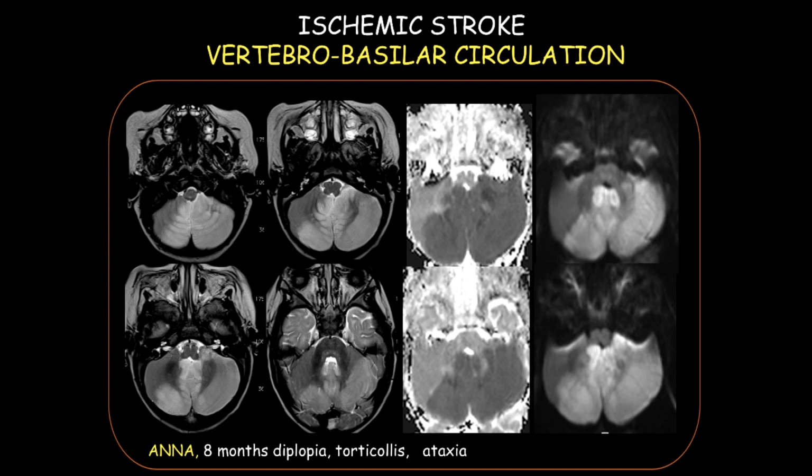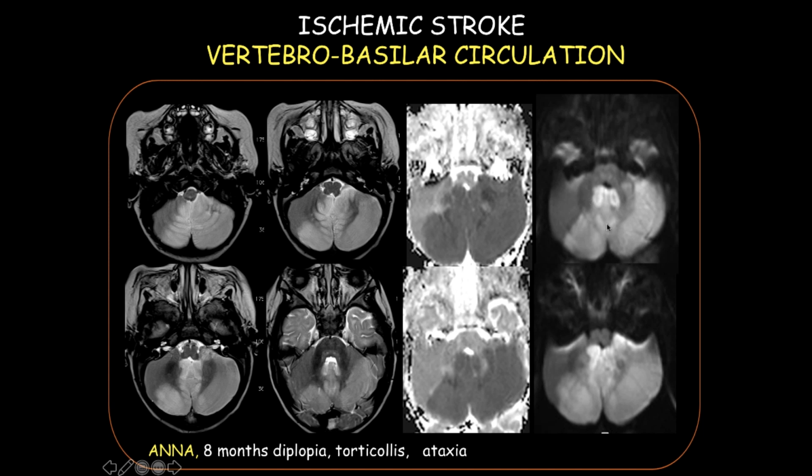When we're talking about the vertebrobasilar system, we are talking about a system with all the vessels that are related to this system. In this case, we can see that there is diffusion restriction of the left cerebellar hemisphere, plus a little area of sufferance on the right cerebellar hemisphere, and a diffusion restriction also of the tonsils.